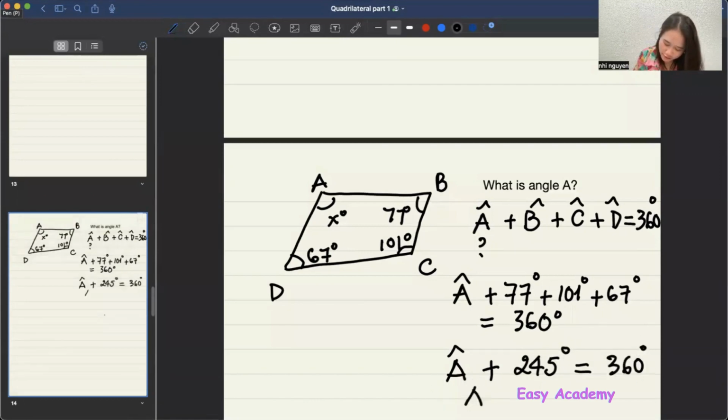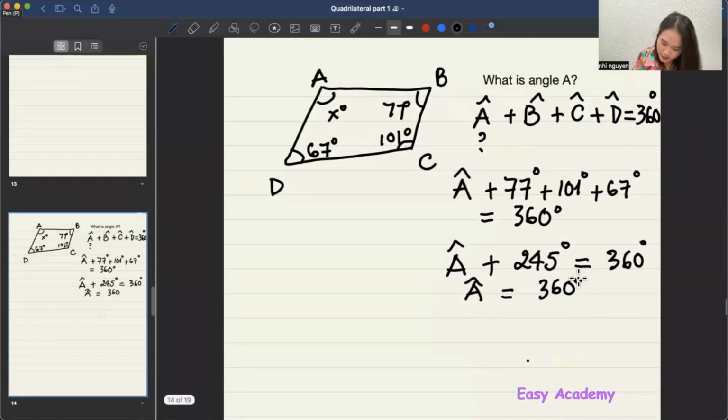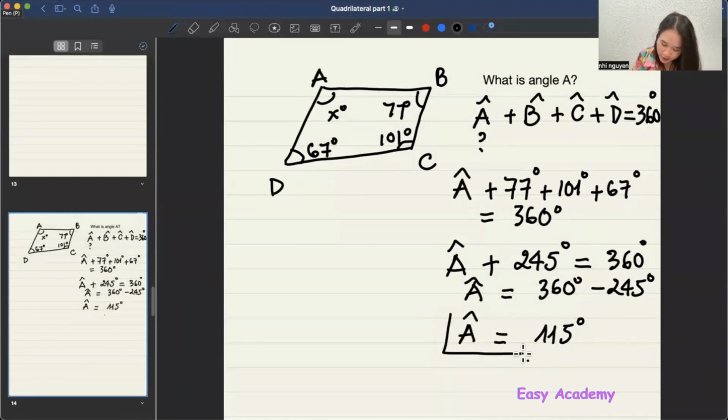Now we just need to solve for angle A. Angle A is equal to 360 degrees minus 245. Angle A is equal to 115 degrees. So our final answer is angle A equals 115 degrees.